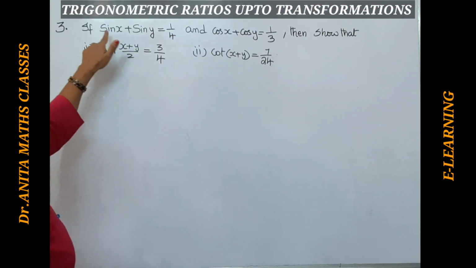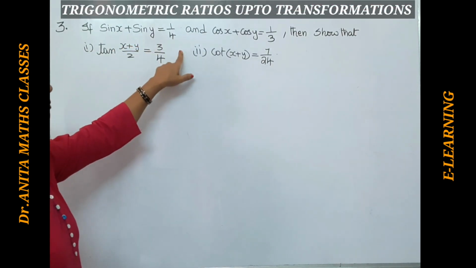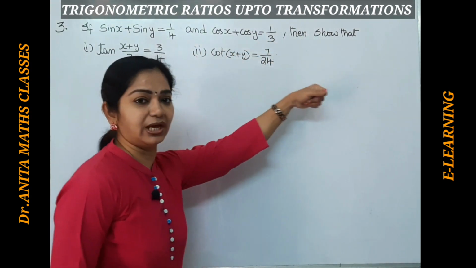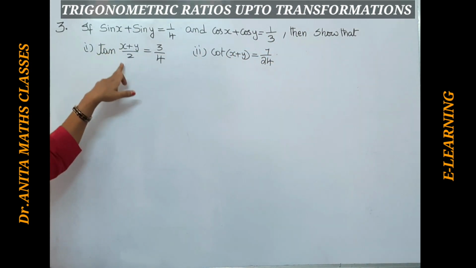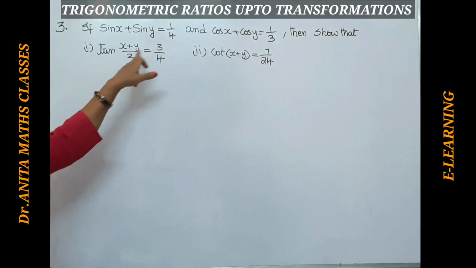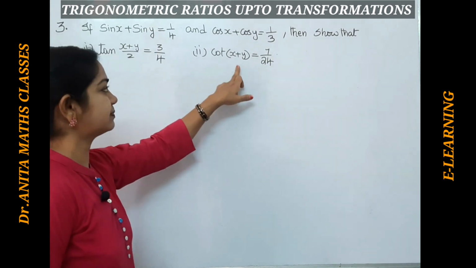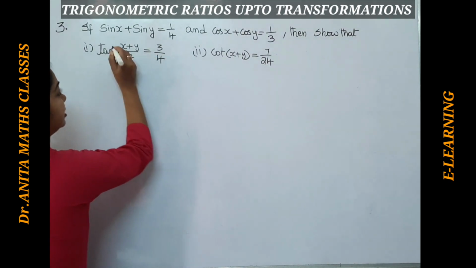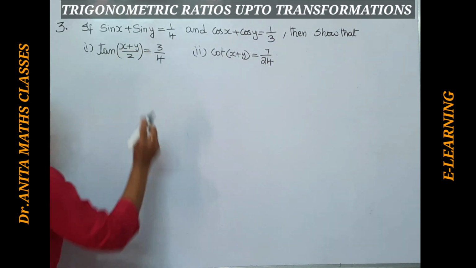Third problem: if sin x plus sin y equals 1 by 4 and cos x plus cos y equals 1 by 3, then show that tan of x plus y by 2 equals 3 by 4 and cot of x plus y equals 7 by 24. Here there is no by 2 in the second, but in the first there is x plus y by 2.